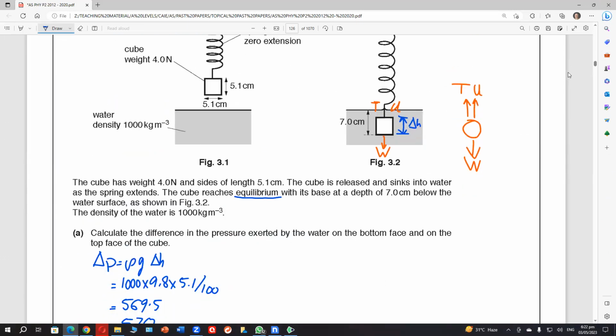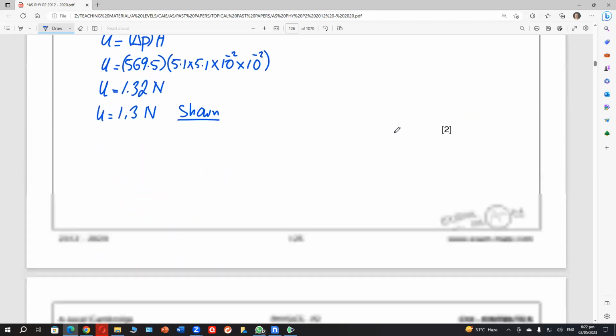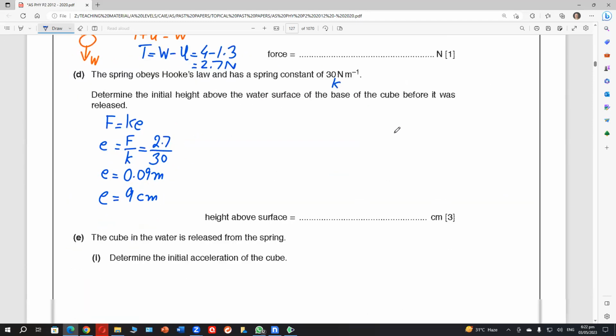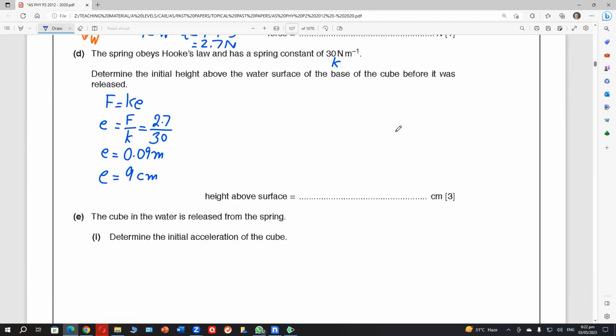You can see now, it was at 7 centimeter depth. It went inside 7 centimeter. So how much it was above the surface of the liquid when it was dipped? 2 centimeters. Yes, because the total extension is coming 9.